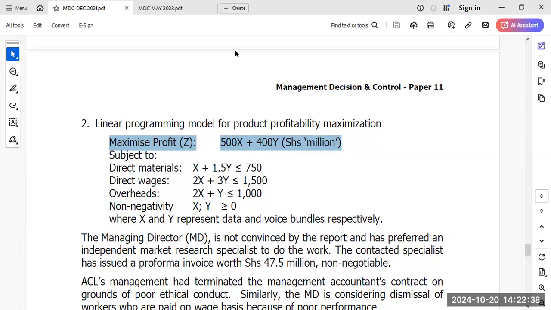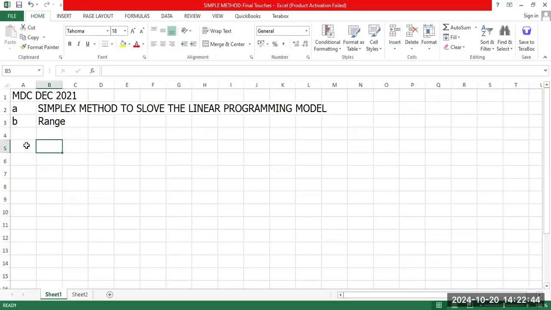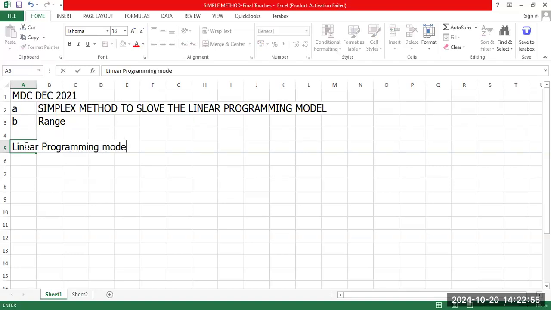Colleagues, you can also draft this linear programming model again. Remember, if you don't have a linear programming model, you're the one to formulate it. But a good thing here, we have our linear programming model.